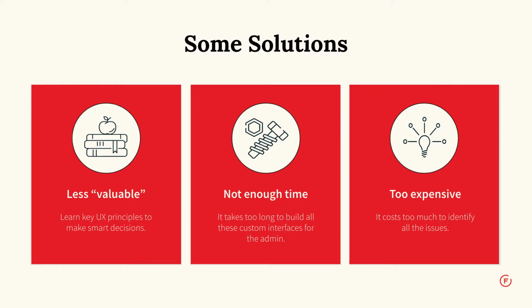So if it's less valuable, then UX decisions help you make these decisions on the fly. So all of the times that we talked about all of the features falling off the back end of the project, there's no reason that making a better admin form has to happen as a second step. If we know how to make this decision process, we can do it while we build it the first time. That means there's not extra cost.